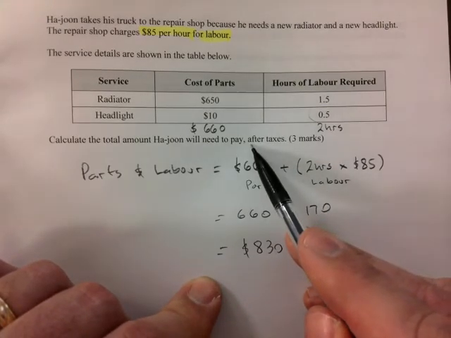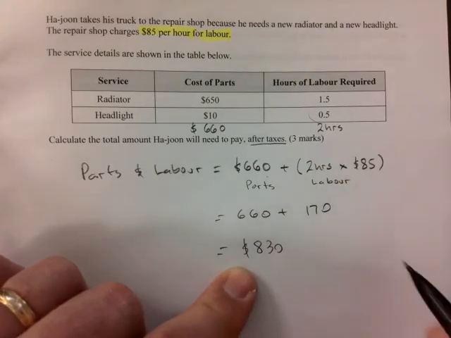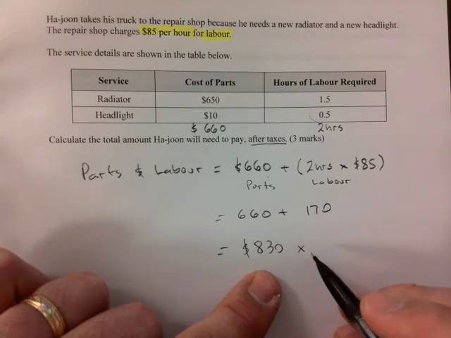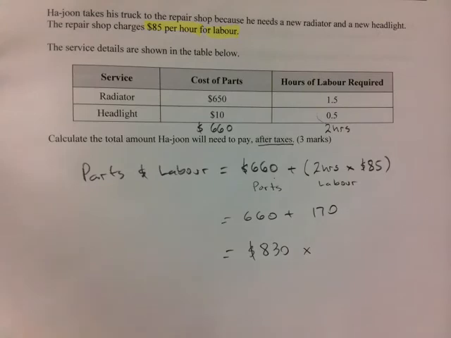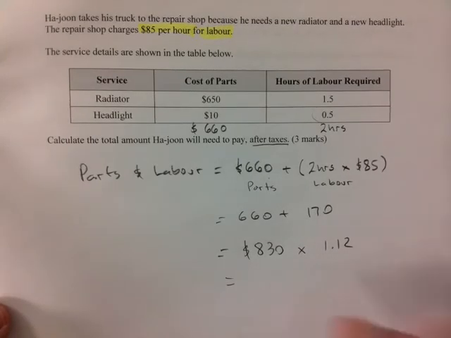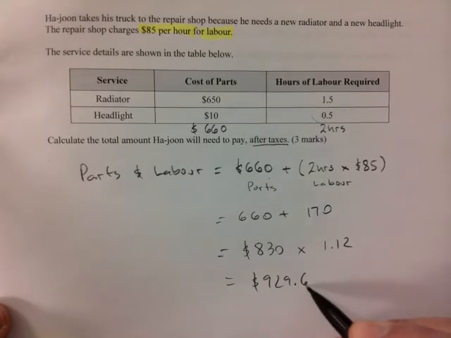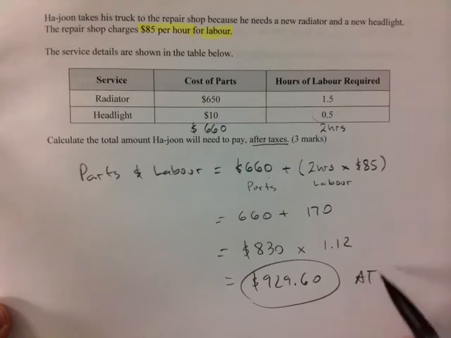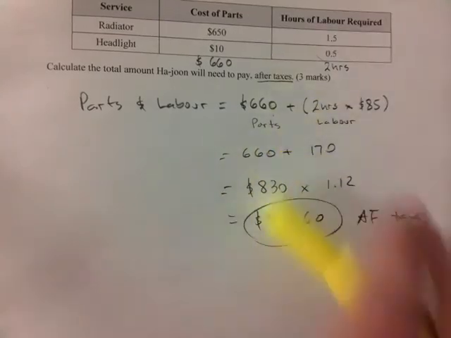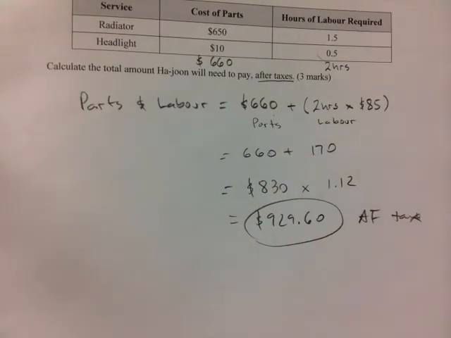Let's look at the question, what the question says. After tax, what does parts and labor get taxed? It gets taxed 12%. If you don't know this, the yellow formula sheet has that, okay? So times 1.12. So that's 929.60 after tax. So if you did not do taxes, you would have gotten 2 out of 3 marks here.